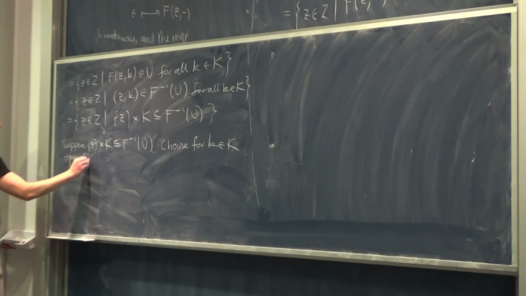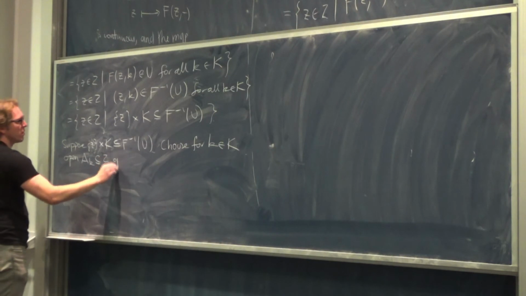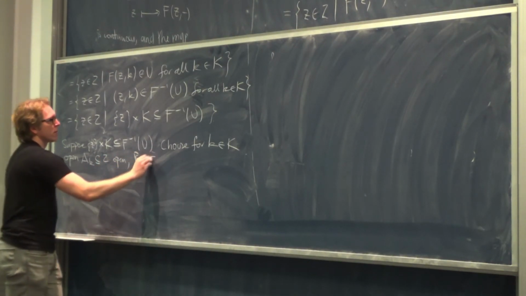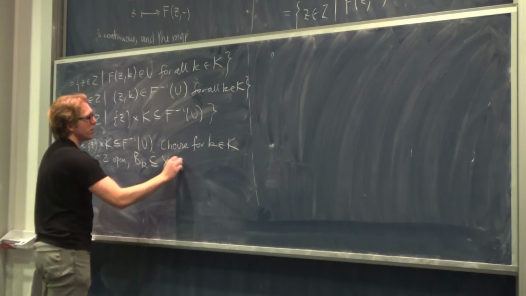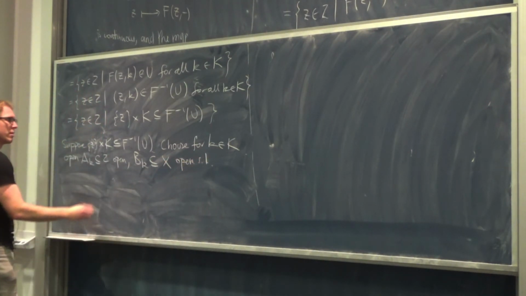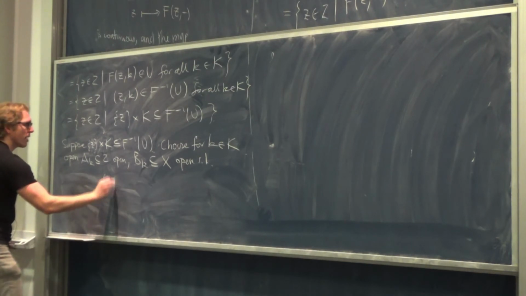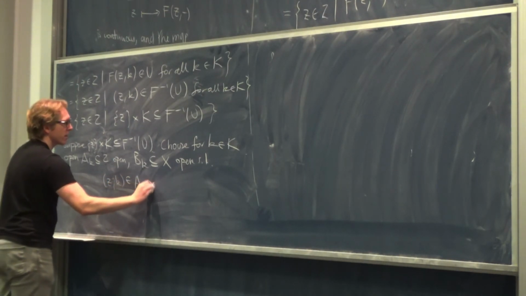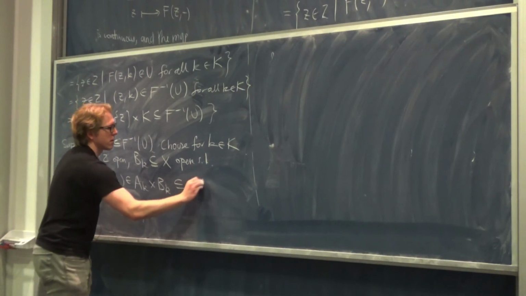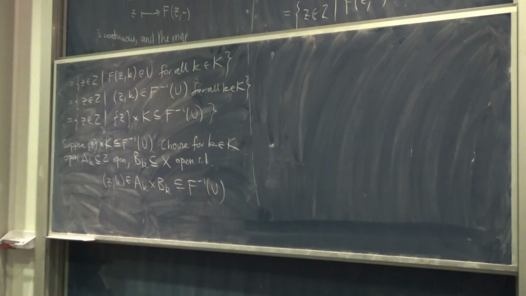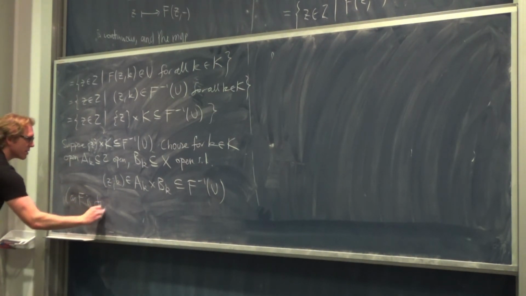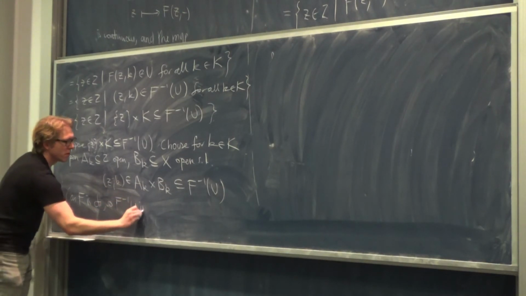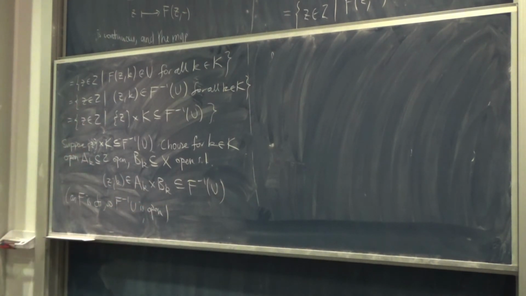So we can choose an A_k in Z, open, and a B_k in X, open, such that (z, k) lies in A_k cross B_k, which is contained in F inverse U. And that's because F is continuous, so F inverse U is open, so I can find an open neighborhood of this kind.